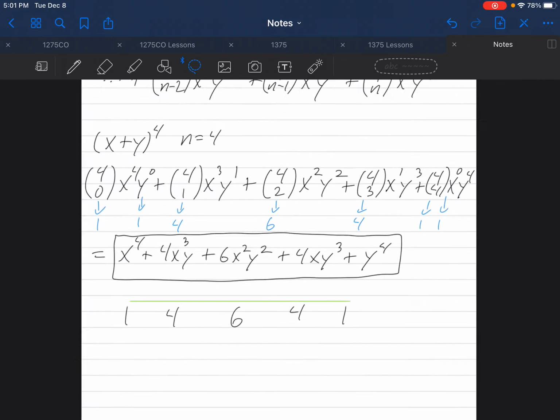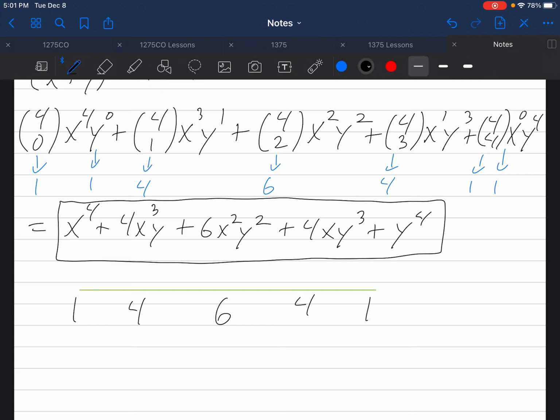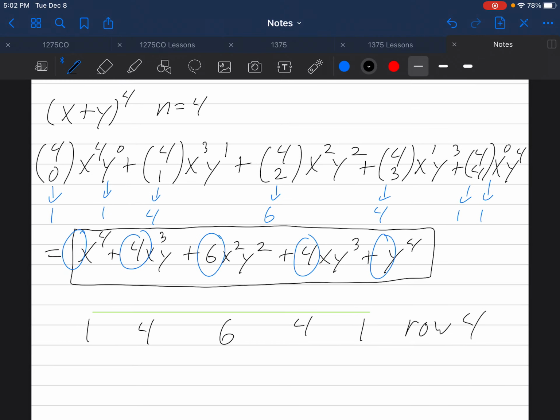This is row 4 of our Pascal's triangle. And what we notice about that is the coefficients are all the same. In addition to that, remember, this was row number 4. And this was the expansion raised to the 4th power.